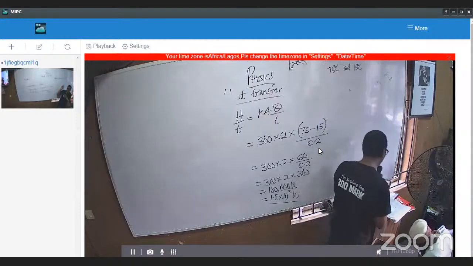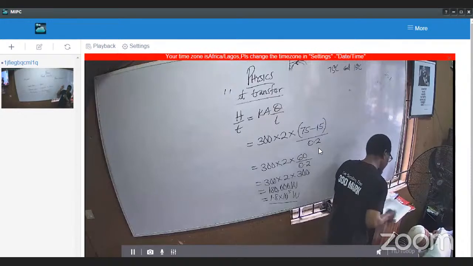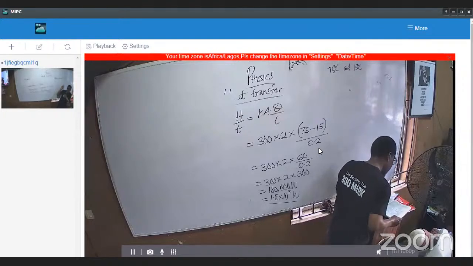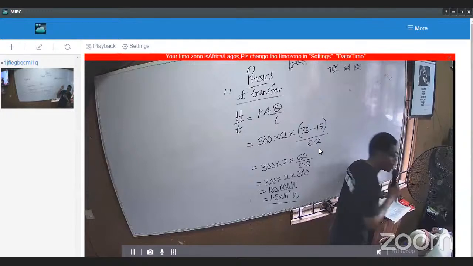A thermoflask is designed to. Option A, store hot tea or water.